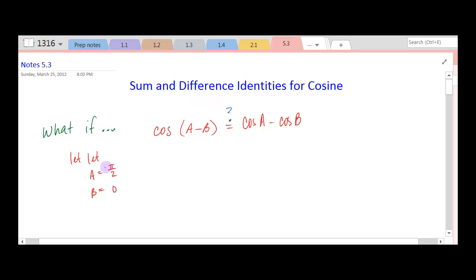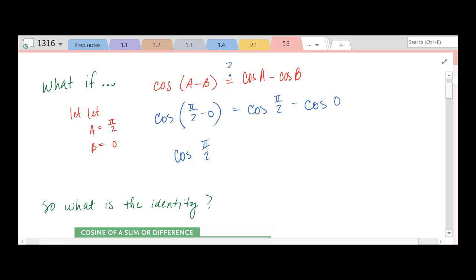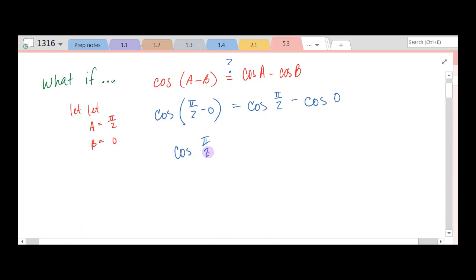Let's see if we can answer this by letting the angle A be pi over 2 and the angle B equal to 0. So if I had the cosine of pi over 2 minus 0, I'm asking, is that the cosine of pi over 2 minus the cosine of 0? Just working on the left-hand side, this simplifies to the cosine of pi over 2, which, if you remember, is just 0.